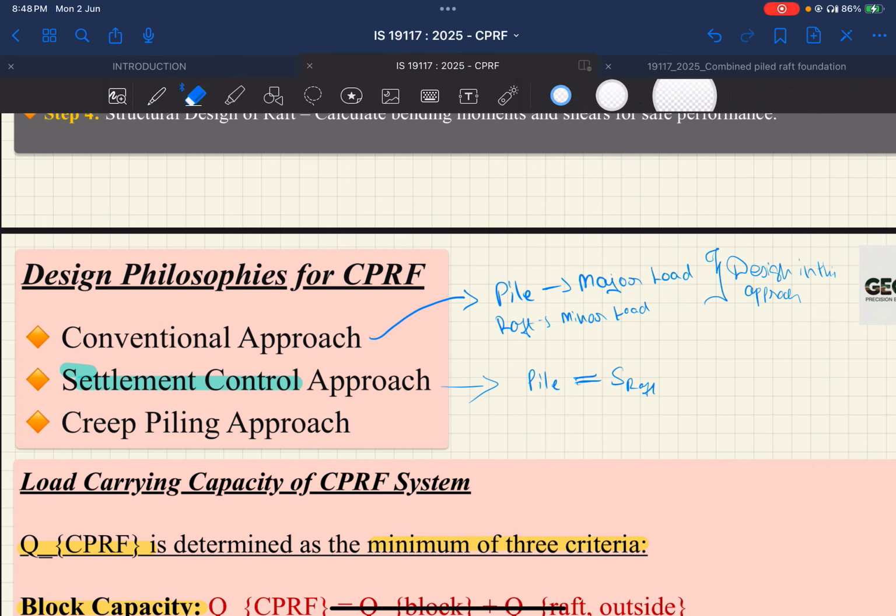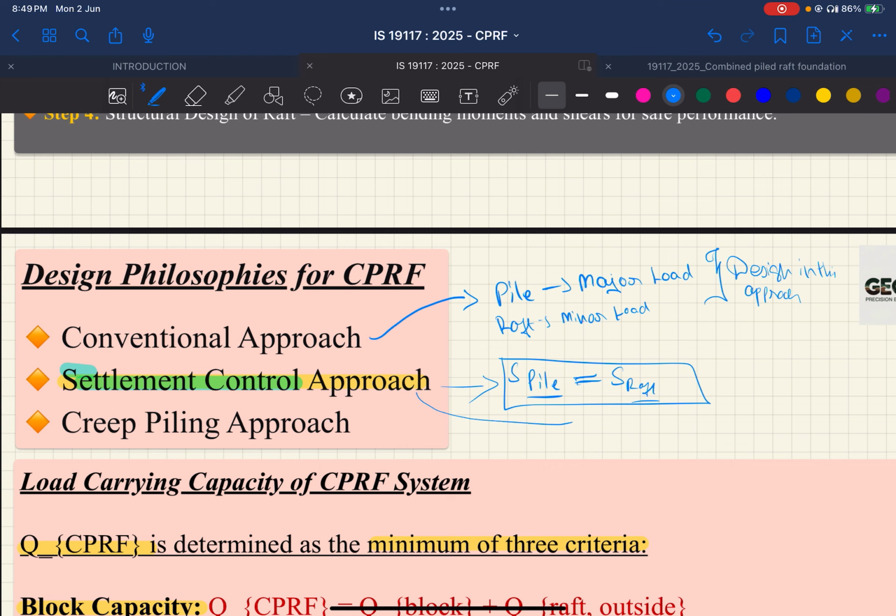This is how the design will be done with the piles and raft. The piles and the raft work together to control both total and differential settlements. This approach is generally used in CPRF design. Why to use this approach?